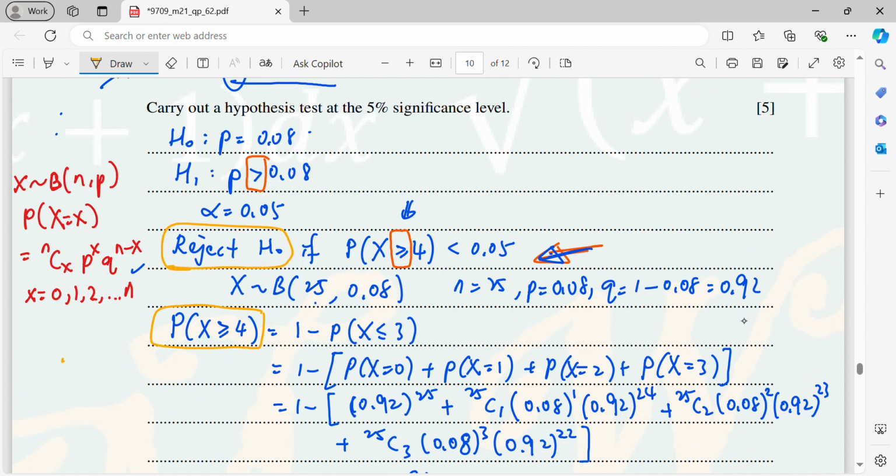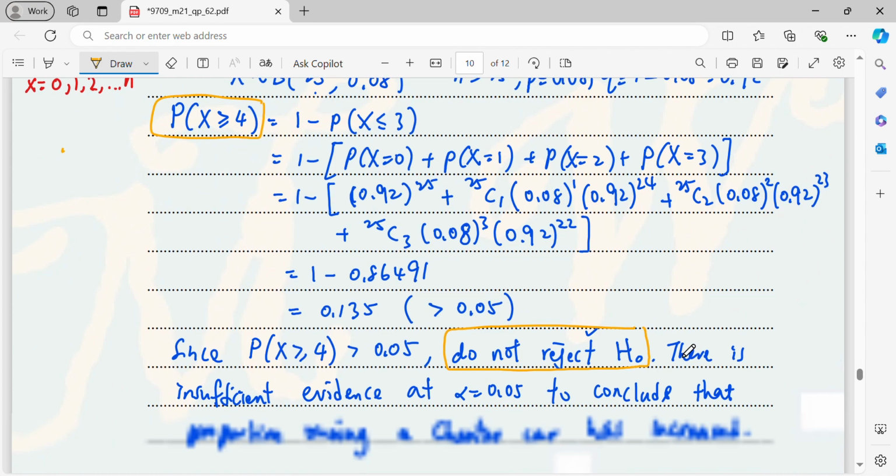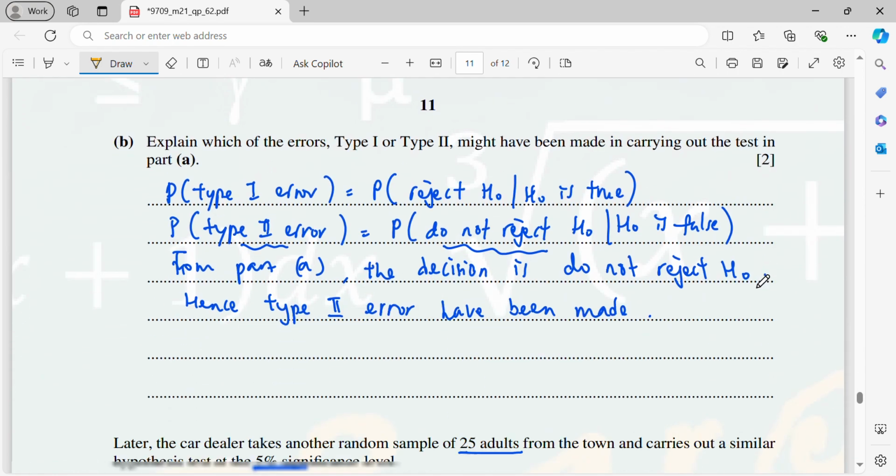To reject H naught, the probability must be less than 0.05. I know that X greater than or equal to 4 gives a probability greater than 0.05, so now I have to check what if it is greater than or equal to 5. If we still get greater than 0.05, then it is still do not reject H0.